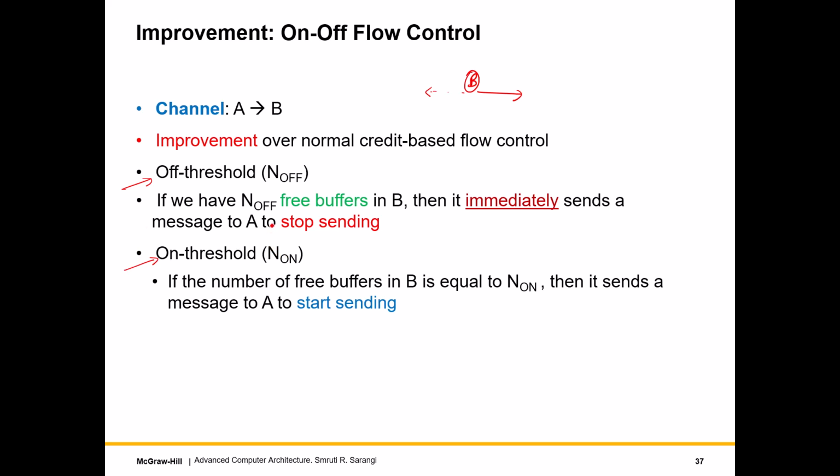If we do not have enough free buffers in B, we immediately send a message to A to stop sending. We say that, look, we have reached a bottom threshold, we just have enough free buffers, so you stop sending. Similarly, if we have enough free buffers again, then we can ask A to start sending. So the on threshold is a start-sending threshold and the off threshold is a stop-sending threshold.